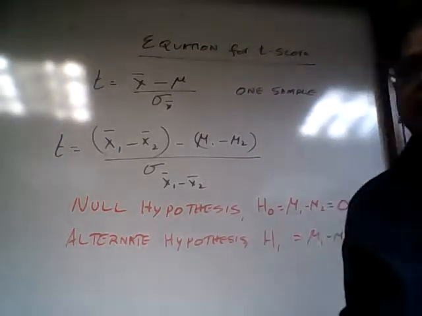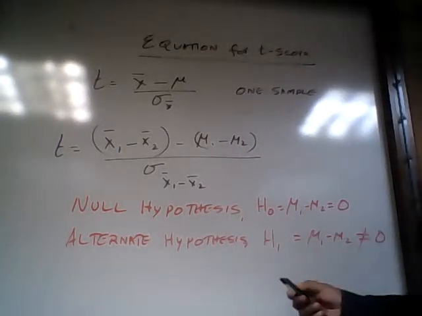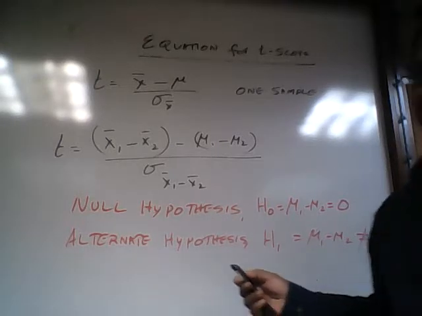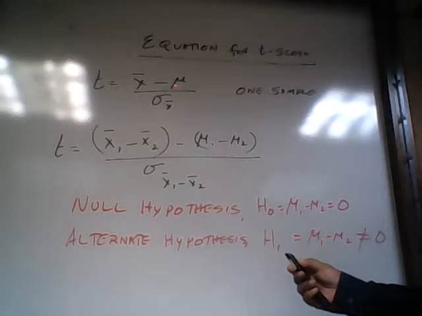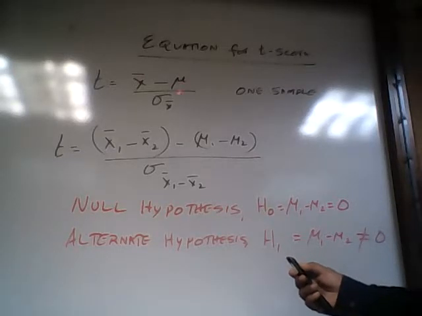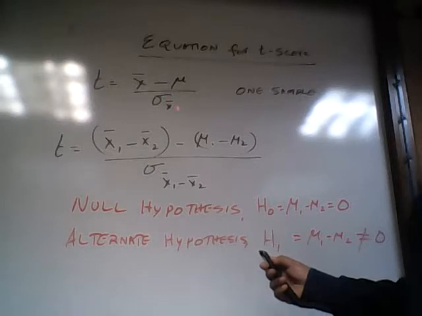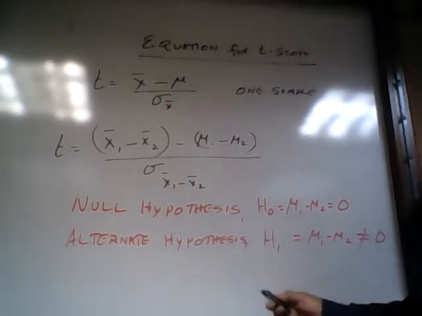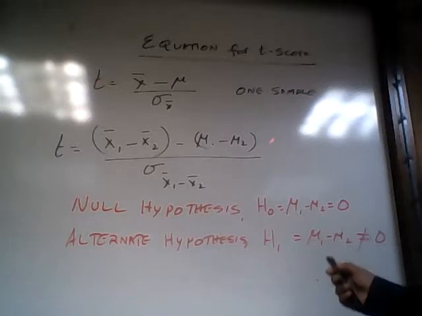Okay, now we turn our attention to the equation for the t-score. The t value is given by an expression: the sample's mean value minus the population mean, divided by the standard deviation of the mean of all the samples. So that's where we represent the t value. That's for one sample.